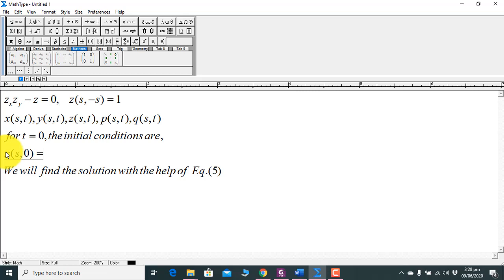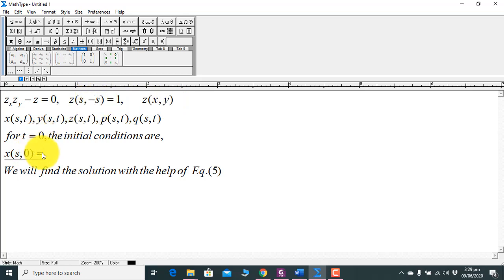This will be some function. The variable placed on the x component, because your solution is z of x comma y, will be termed as x of s comma 0, and the term placed on the y component side will be termed as y of s comma 0.